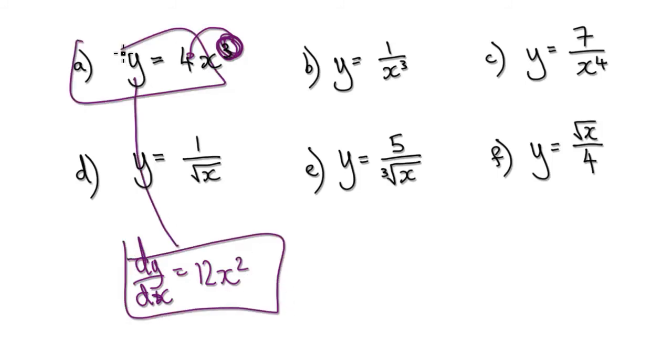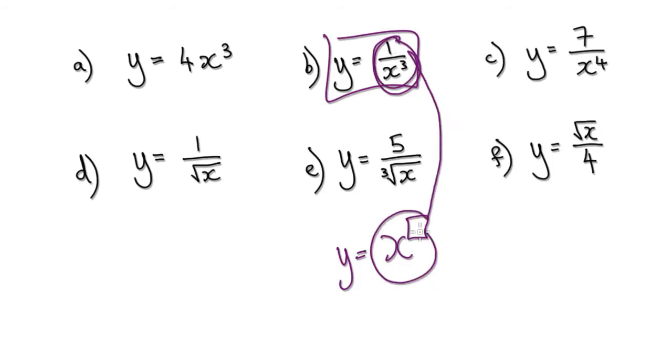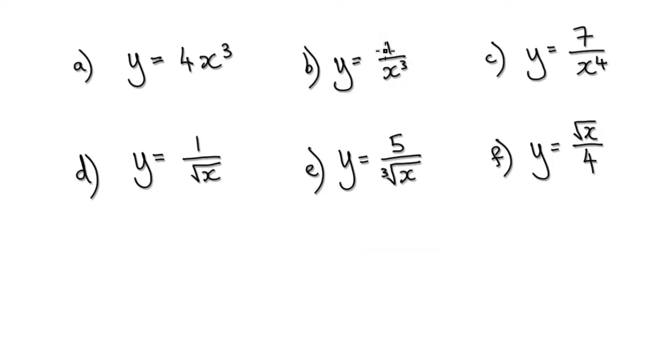Okay, so now the second one, you want to rewrite this as y equals x to the power of something. Try and get it into this form here. So this thing here is really x to the power of -3.